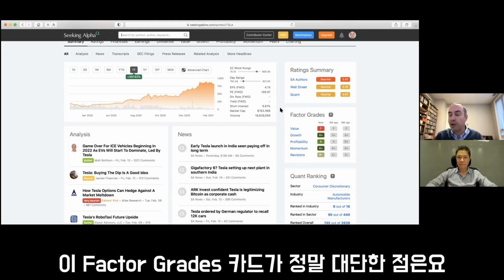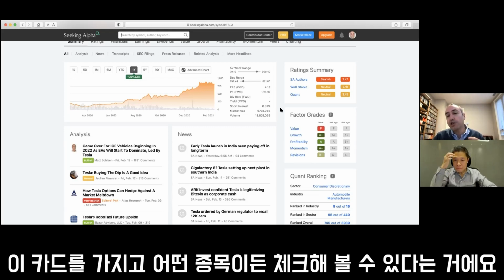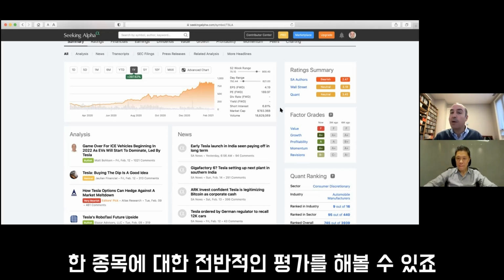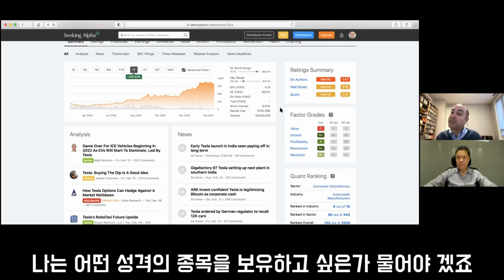What's really powerful about this card is you can look at the factor grade card on any stock, and it gives you a picture of the stock. So you can say, what kind of stocks am I interested in buying?